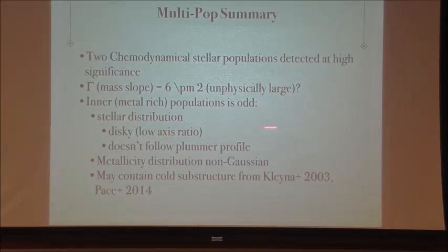And about the populations I infer: first of all, they're close in metallicity. One is very disky compared to the other one, which is very spherical. And then there's this other thing that I can talk about. Ursa Minor may contain cold substructure, which if you're curious about, ask me later.